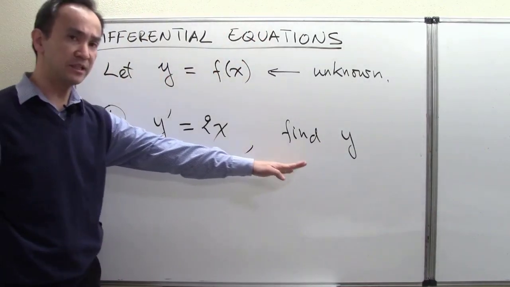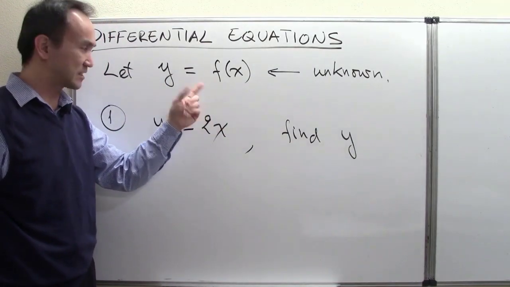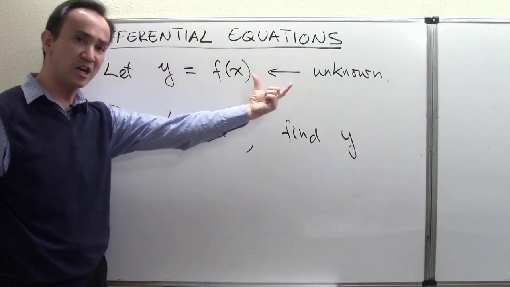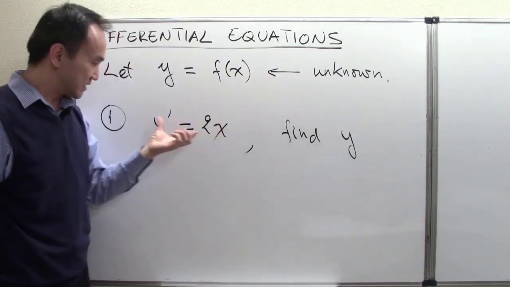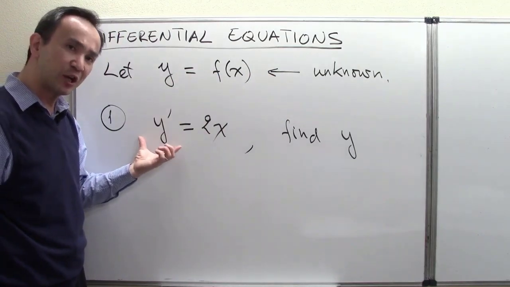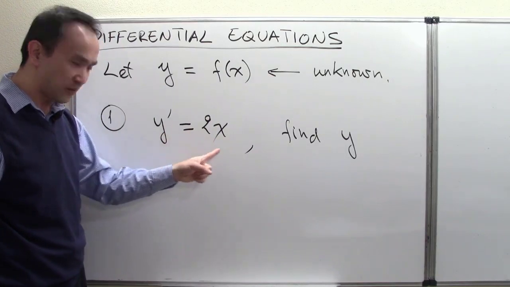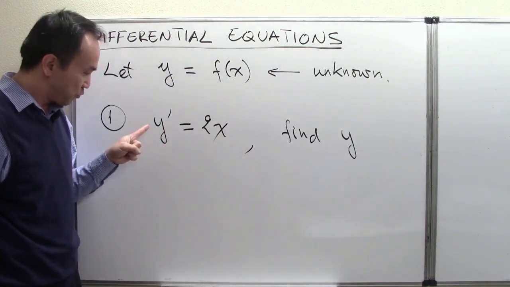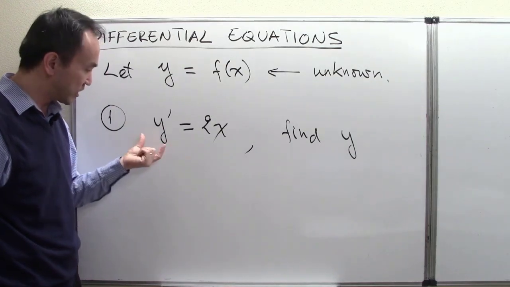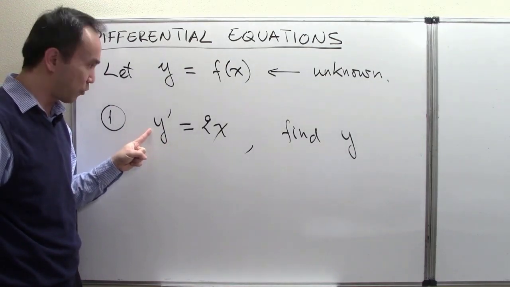Connecting this goal with the function being unknown, the y in this equation is unknown. What we have in this equation is a relationship: y prime, meaning the derivative of f.